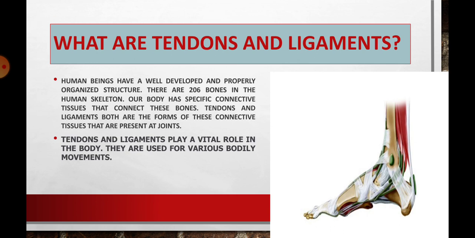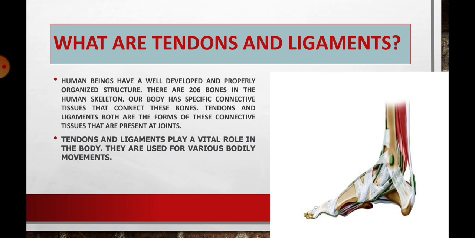Inside us there are 206 bones in our skeleton, and that's why we have specific connective tissues that connect these bones. Tendons or ligaments, both are forms of this connective tissue that are present at the joints of the bones.